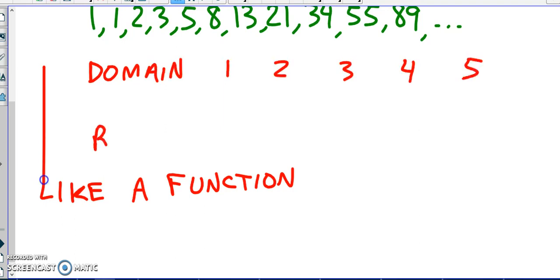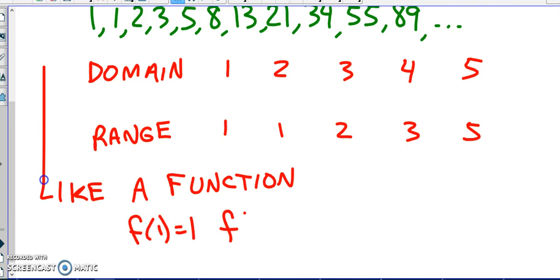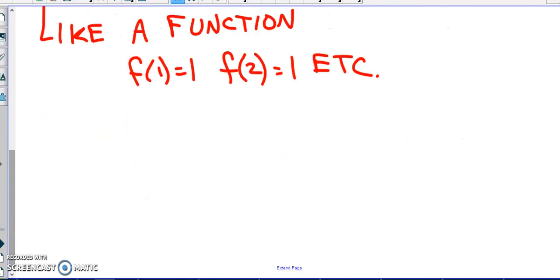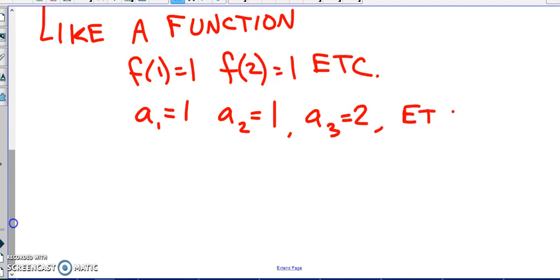And the range, or the output, would be the terms 1, 1, 2, 3, 5, etc. So almost like f of 1 is 1, f of 2 is 1, etc. Except we use a different notation. We use a lowercase letter with a subscript. So for instance, a1 is 1, a2 is 1, a3 is 2, etc. And if I want to talk about the whole sequence, I use a set of curly braces like that.